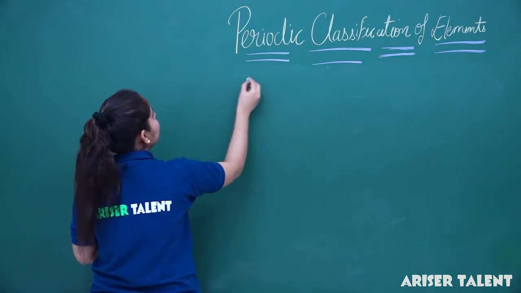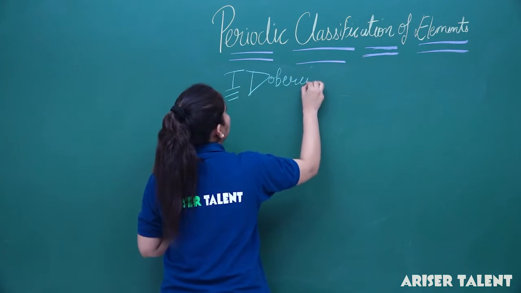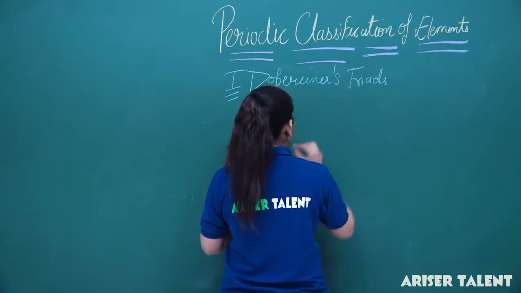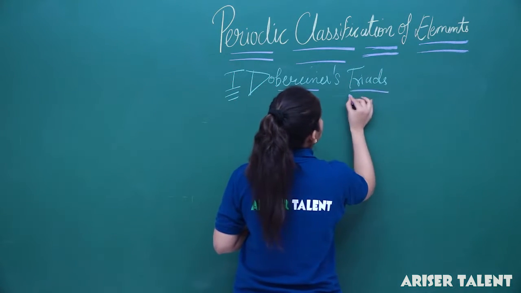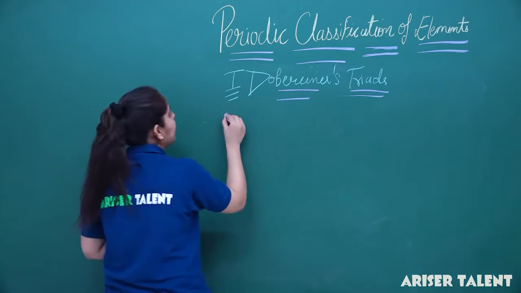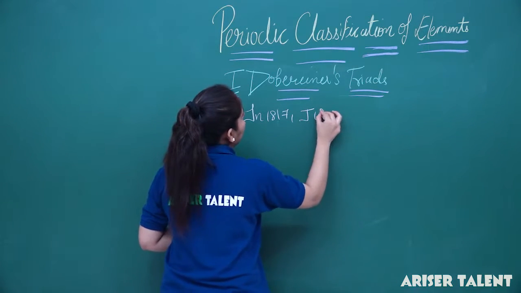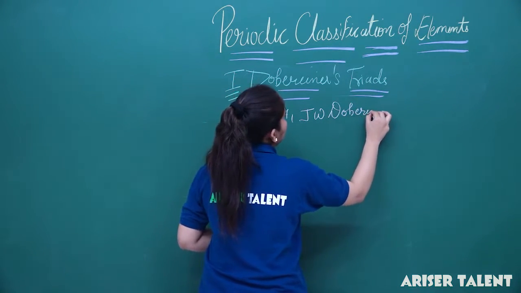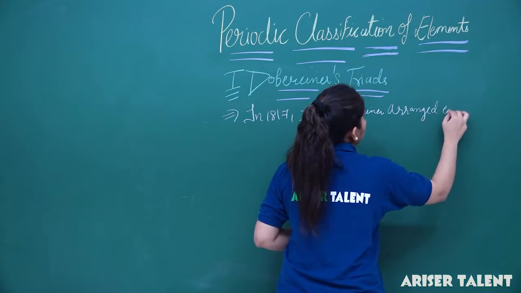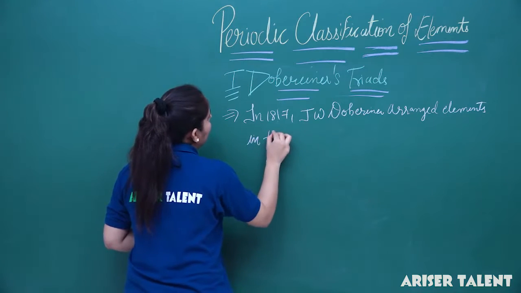So our first is Dobereiner's triads. In 1817, J.W. Dobereiner arranged elements in groups of 3.